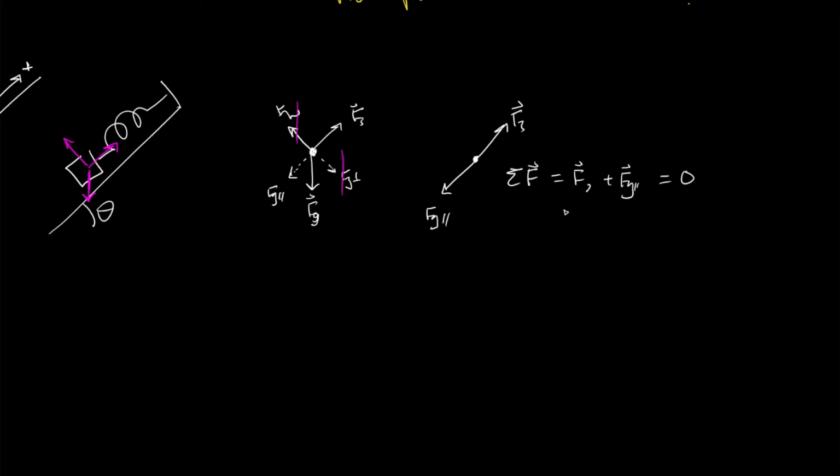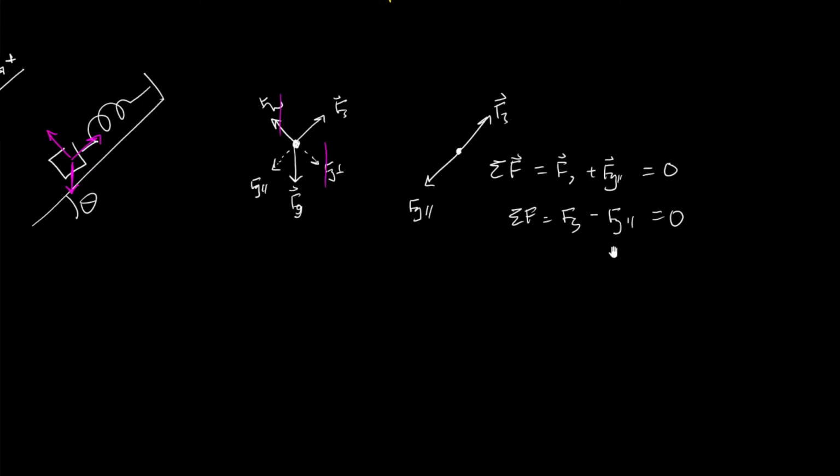So if we look at these magnitudes, we have net force equals Fs, which is positive because it's up the ramp, minus Fg parallel equals 0, or Fs equals Fg parallel when the box is in its equilibrium position.